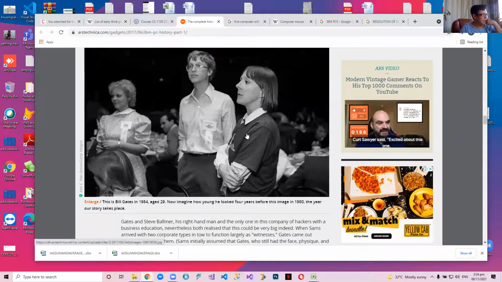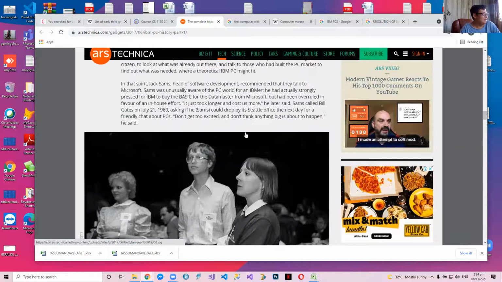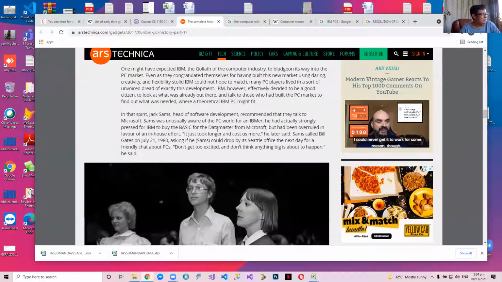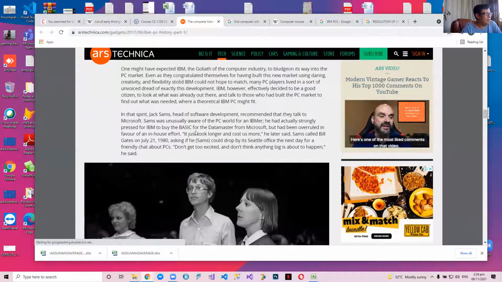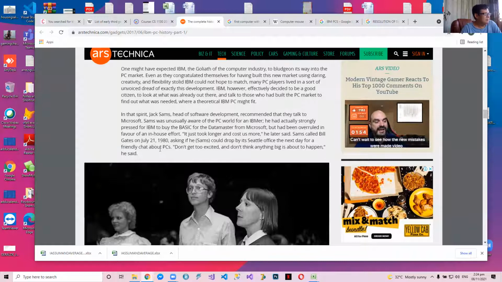Here comes Bill Gates, 1980. Because Basic was bought by Microsoft, and then IBM would like to buy Basic from Microsoft, but it did not push through.